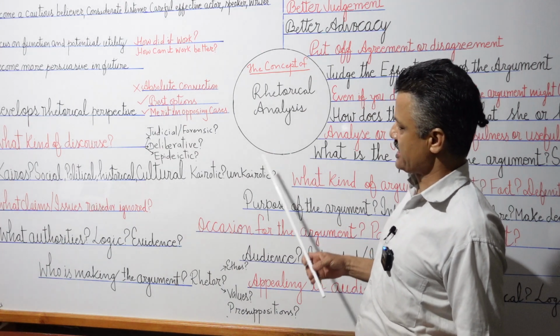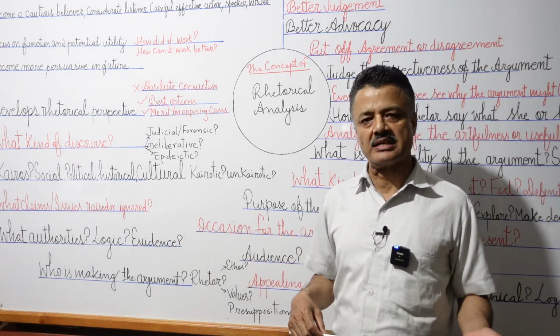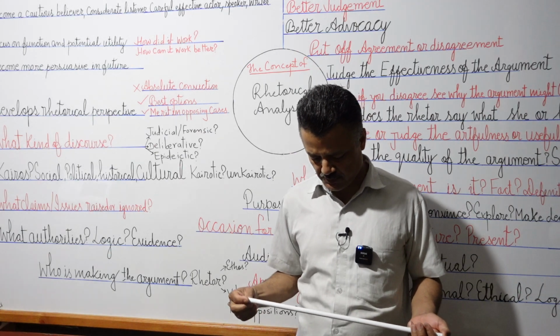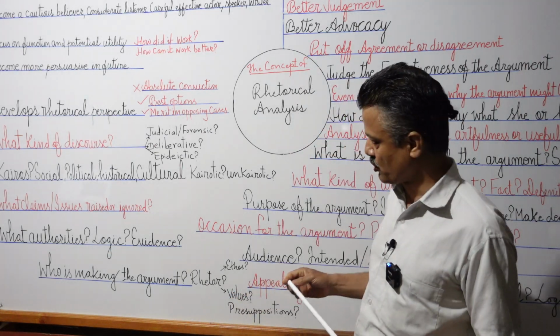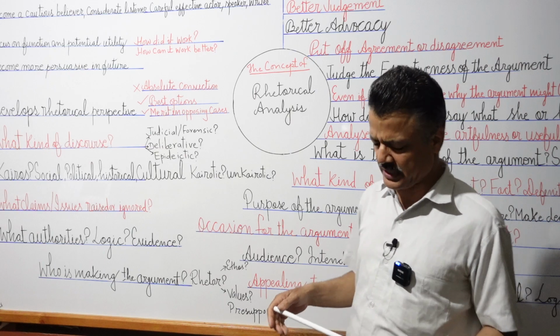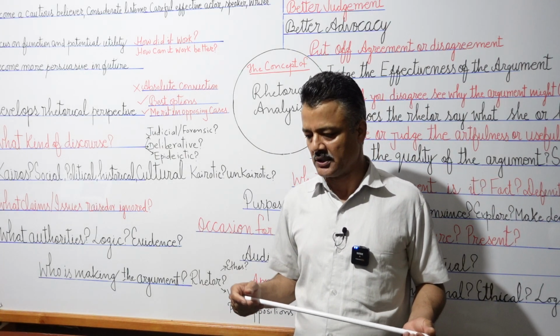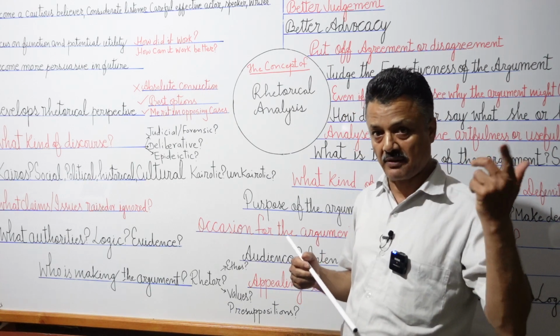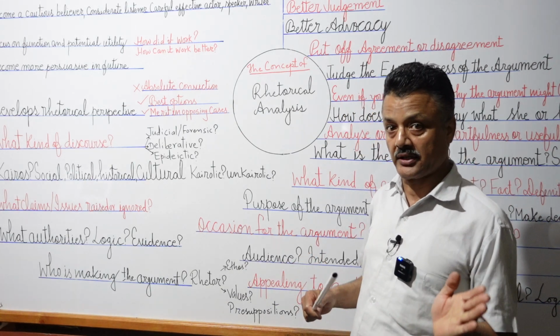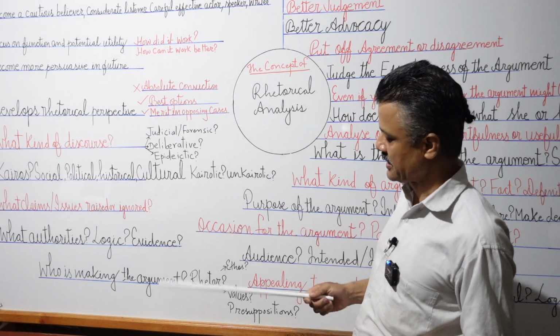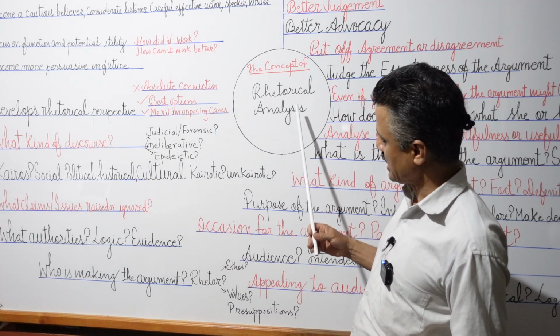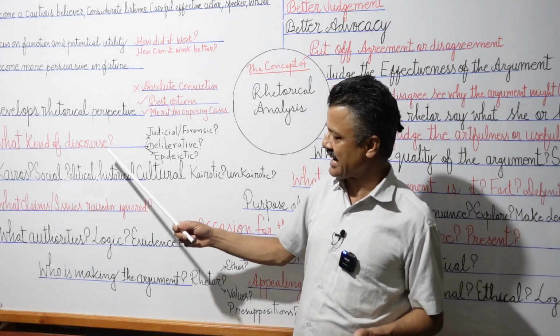Then we look for the kind of discourse we are reading. A writer may write judicial discourse or forensic discourse. I am not going to explain here what judicial discourse means and what these words mean. I'll do that in another video, because I want to make my video shorter. So I expect you to watch my coming videos in the series. Right now, what I will say is, when you attempt rhetorical analysis, pay attention to the kind of discourse.